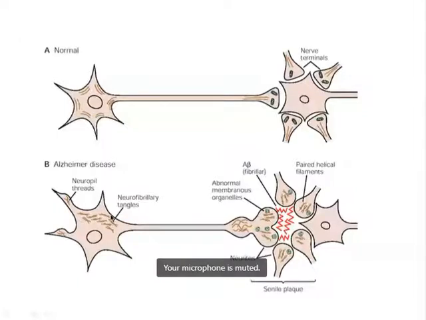Now this is distorted, and other parts of the other neurons enter, and these are called neurites.